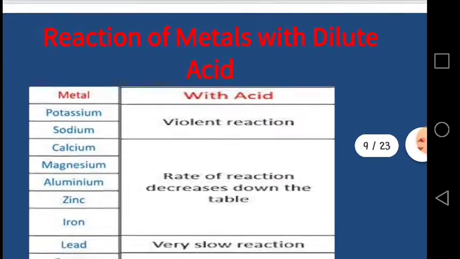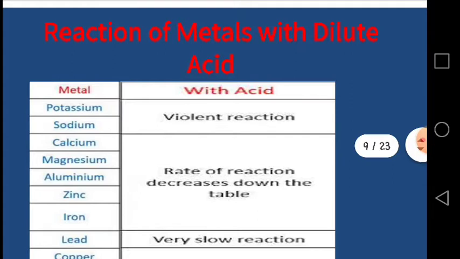Now we are going to consider the reaction of metals with dilute acids. Potassium reacts explosively, and these reactions should not be carried out in the school laboratory. Sodium also shows a very explosive reaction with the dilute acids. Dear students, calcium reacts violently to give hydrogen gas.